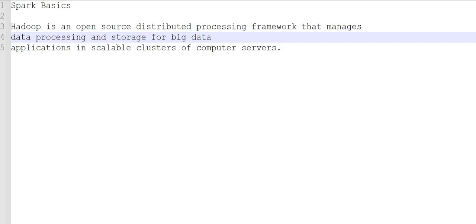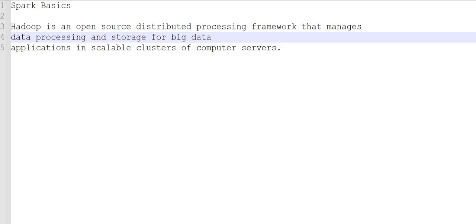First of all, to understand Spark, we need to know what is Hadoop. Hadoop is an open source distributed processing framework that manages data processing and storage for big data applications in scalable clusters of computer servers. In brief, it helps us to process, manage and store big data applications.